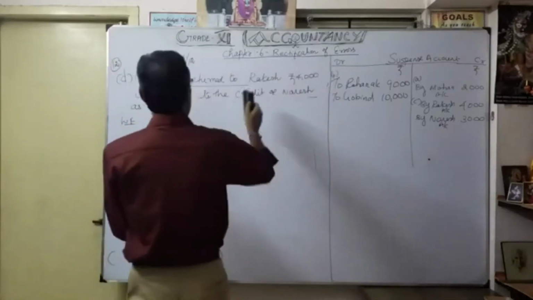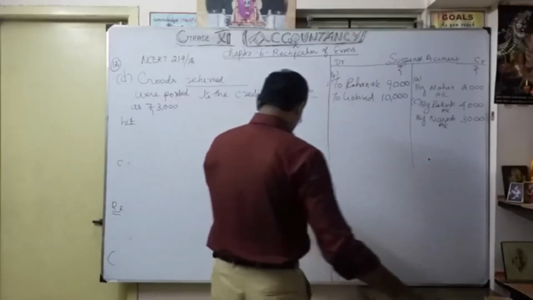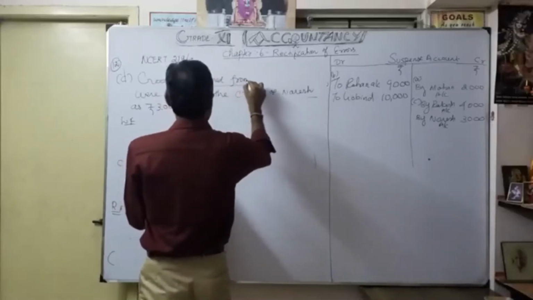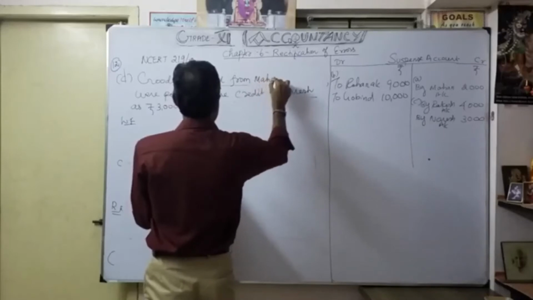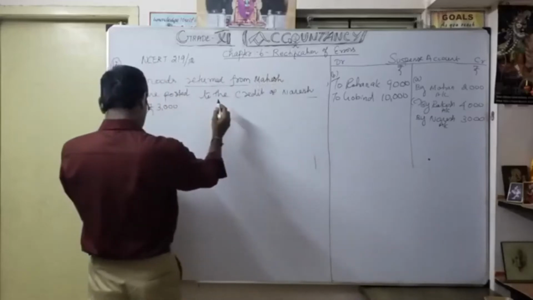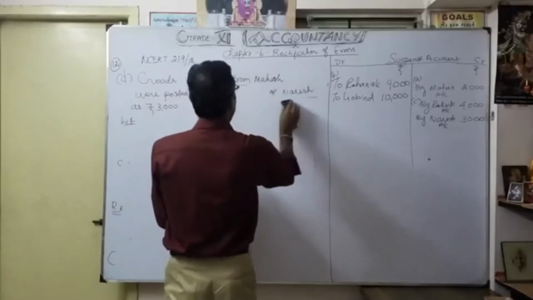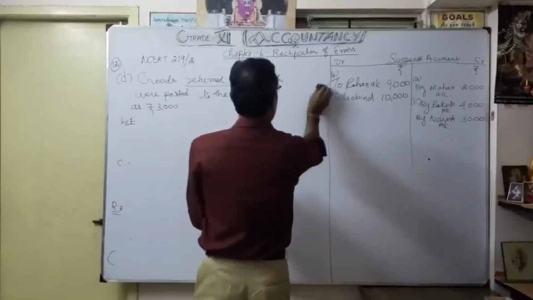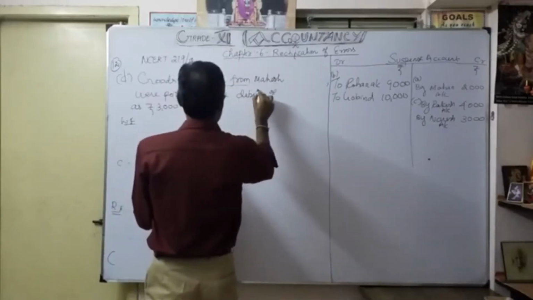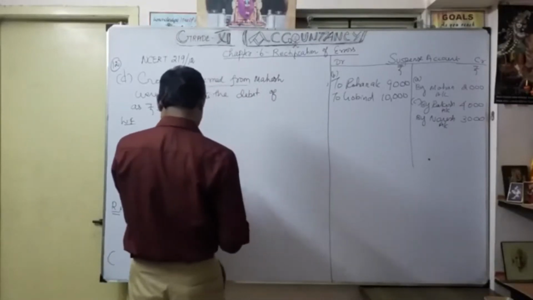So I clean all this. Goods returned from Magesh, but posted to the debit of whom?